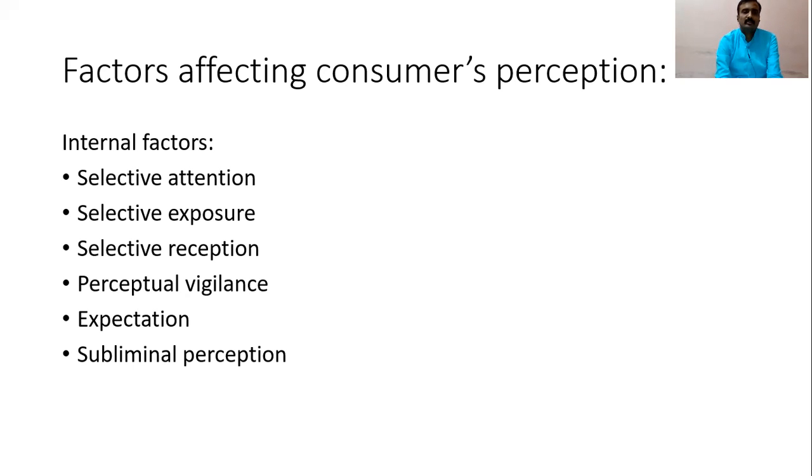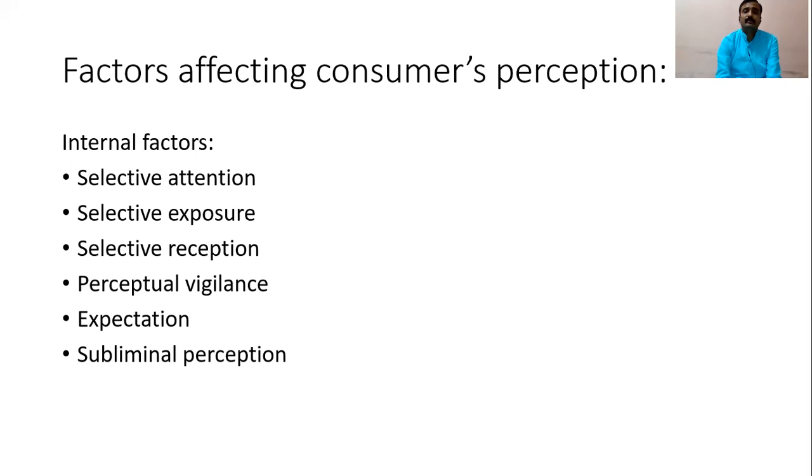Next one, expectation, where the consumer has various expectations about products and services before purchasing. These expectations should meet the consumer's needs and wants. It may be anticipation of a particular behavior from a person. Consumers also tend to perceive products or product attributes based on their expectations. This is called consumer expectation.